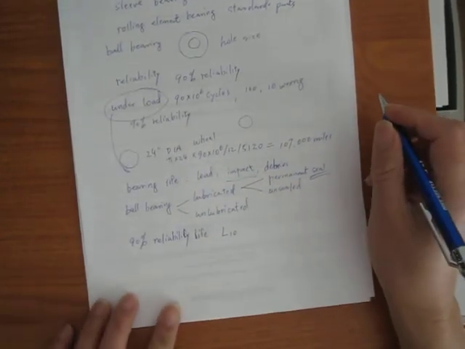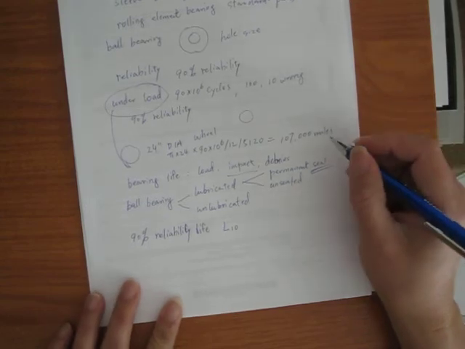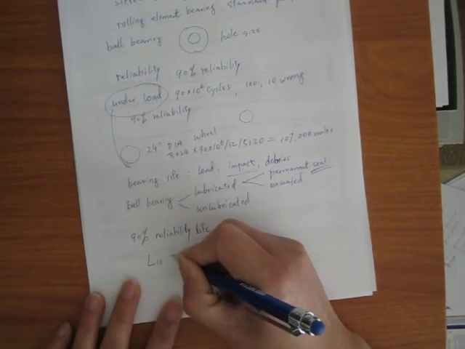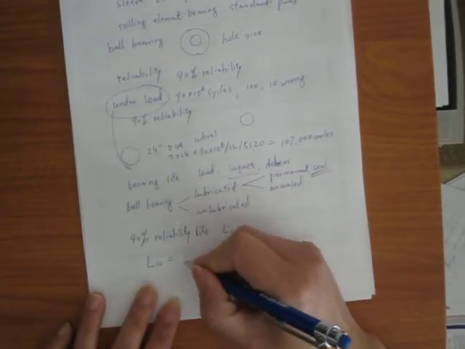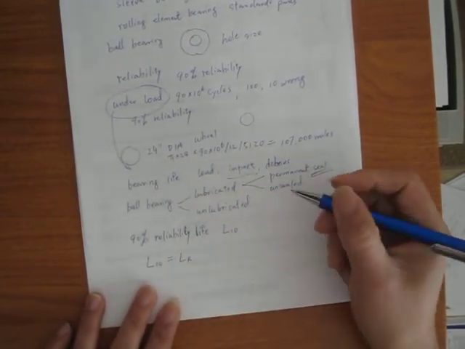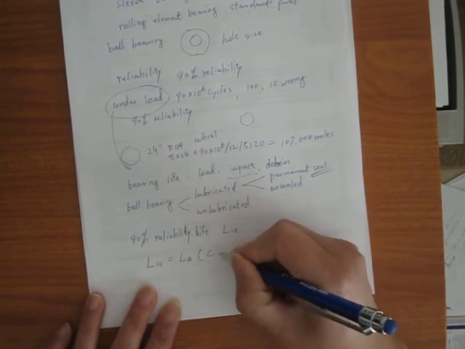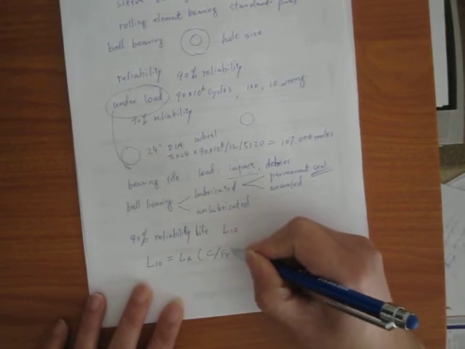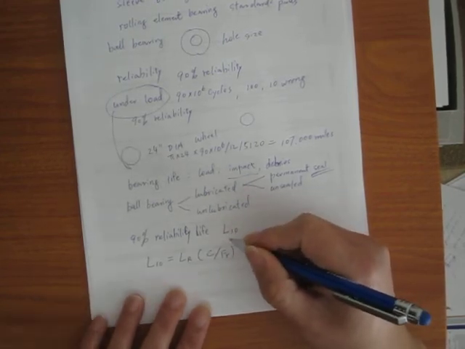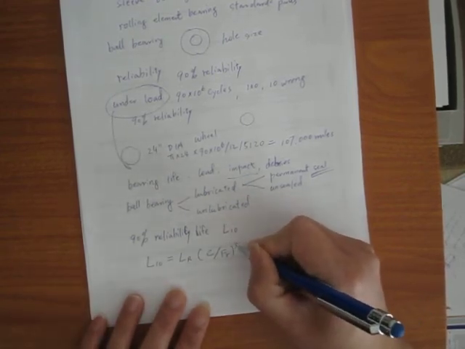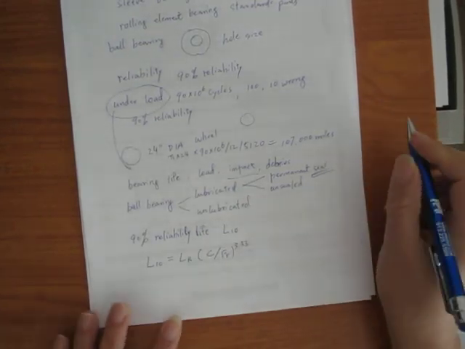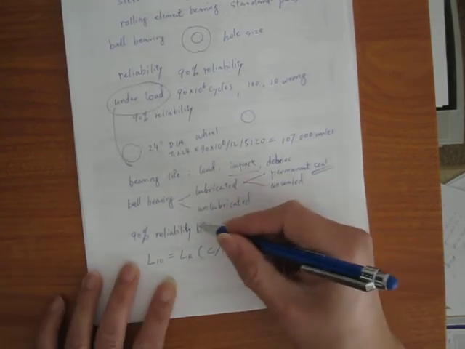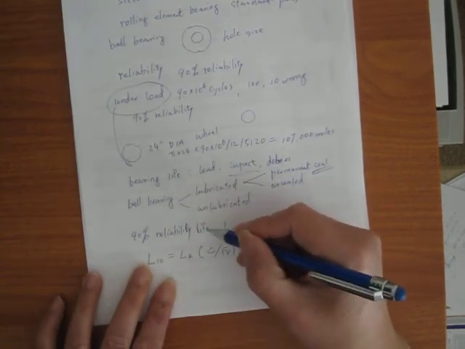The L10 is equal to LR times C divided by FR, raised to the power 3.33.